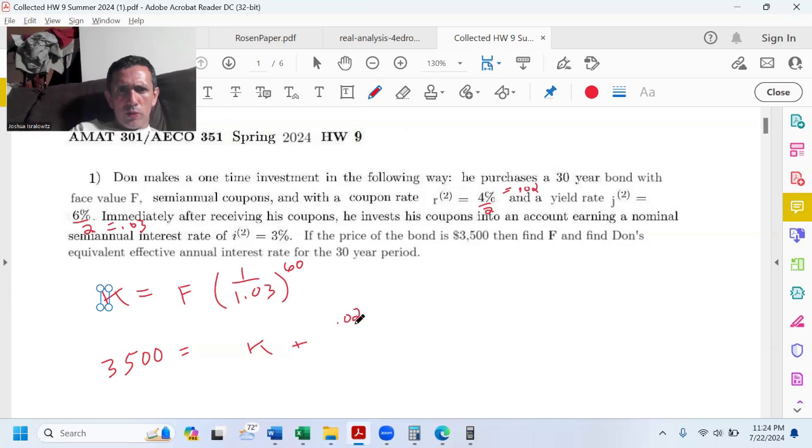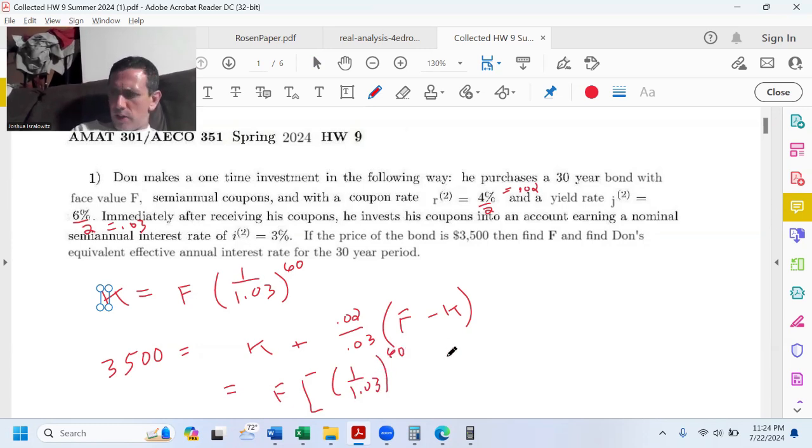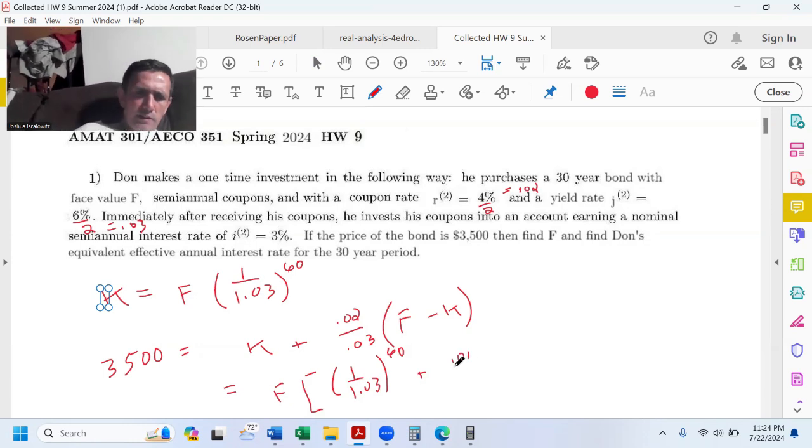So it's 0.02 over 0.03 times F minus K. Let's simply factor out an F: 1 over 1.03 to the 60th plus R over J times one minus 1 over 1.03 to the 60th.